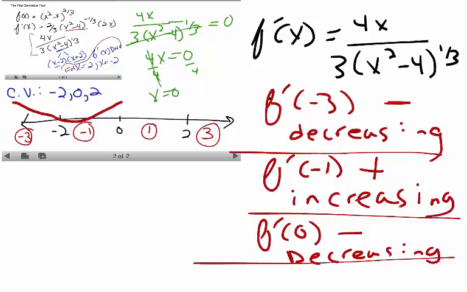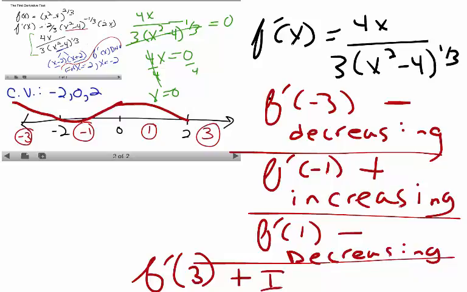And finally, that's f prime of 1, not f prime of 0. So we plug in 1 for all x and get a negative result. So it's decreasing. And then using our test point, positive 3, f prime of 3 will give us a positive result.